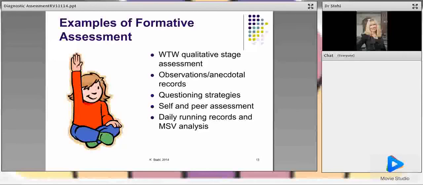Things such as anecdotal records, peer assessments, rubrics, and even our daily running records are all examples of formative assessments, and particularly that MSV analysis, when we analyze the errors that children make so that we identify what strategies children are using to identify those unknown words. Those are all important formative assessments.